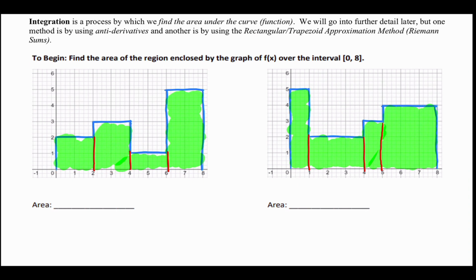That's how you pretty much did it. That's what Riemann said. If I'm finding area under the curve, it's probably easiest to break it up into shapes that I know. Problem is, not a lot of our functions look like that.